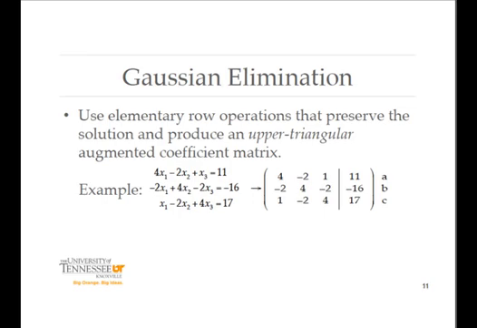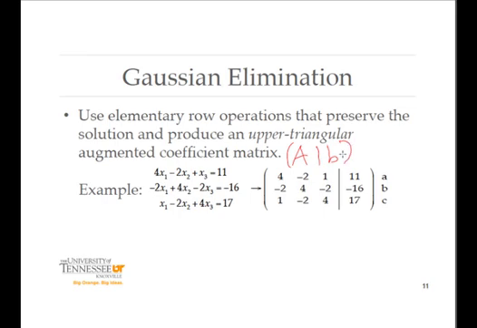So here's an example of 3 equations, trying to solve them simultaneously. There are 3 unknowns, x1, x2, x3. And what I've done here is indicate the corresponding augmented coefficient matrix. Again, you have the original matrix A right here with the vertical bar, and then we indicate the right-hand side vector B. This is an augmented coefficient matrix.